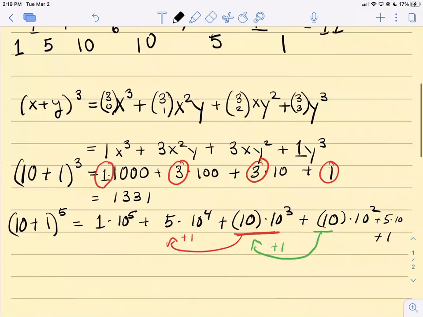So if you want to calculate the next power of 11, it will be 1, 6, 1, let me see, 1, 6, 1. So we have the 1000s, there's a 0 in the 100 place, and 5, 1.